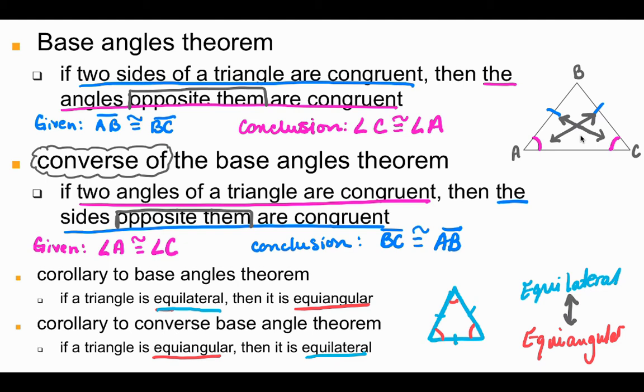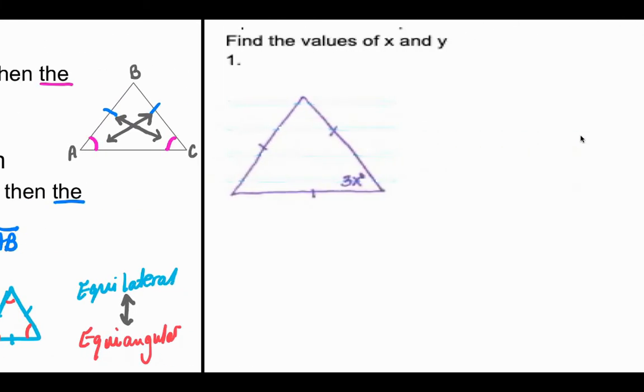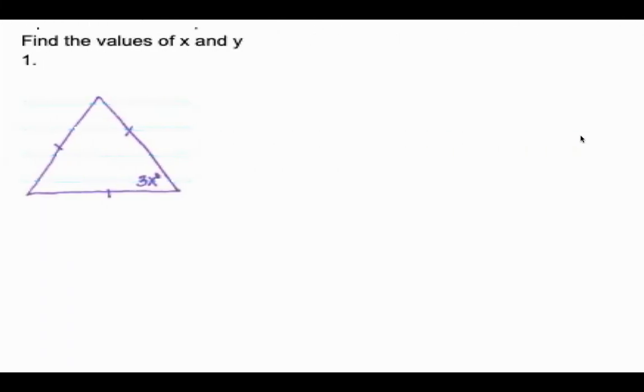So we're going to apply these theorems and corollaries and find missing values within triangles. So here's our first question. And when you get to these, pay close attention to what's being identified as congruent. So we have three congruent sides.